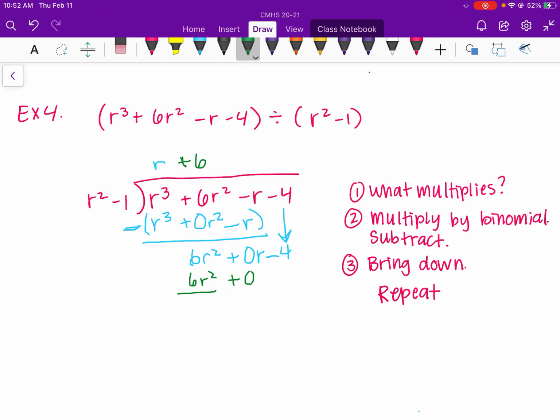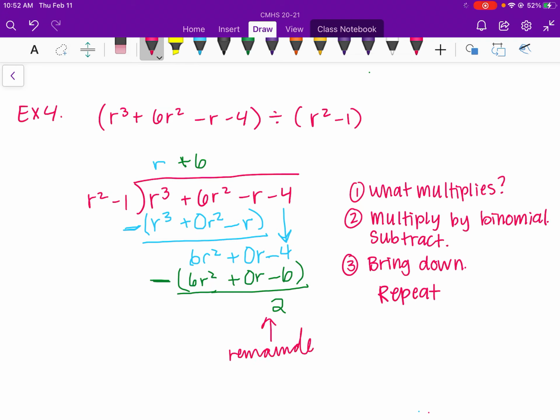There's no regular r. 6 times negative 1 is negative 6. Parentheses, subtract. 6r squared minus 6r squared, 0. 0r minus 0r, 0. Negative 4 minus negative 6 is negative 4 plus 6, which is 2. So this is our remainder this time.